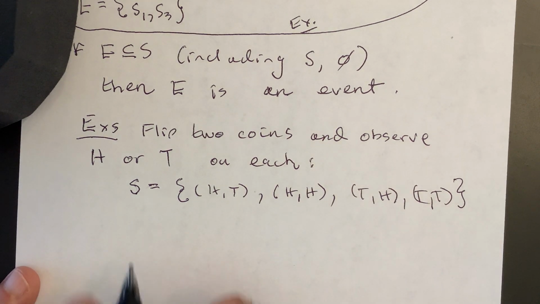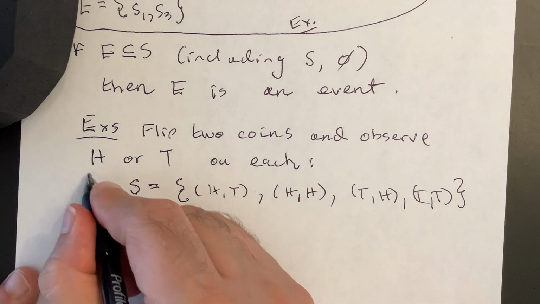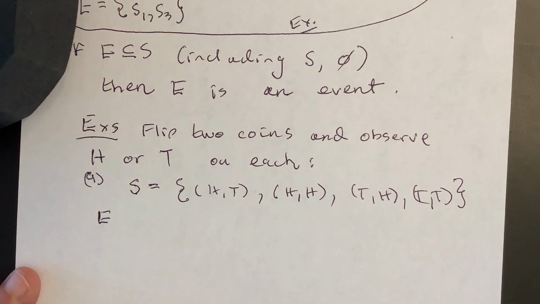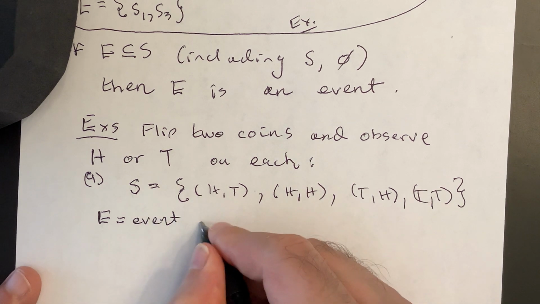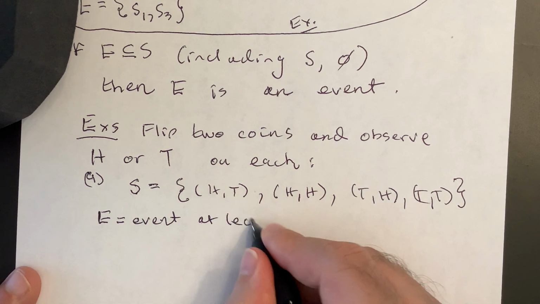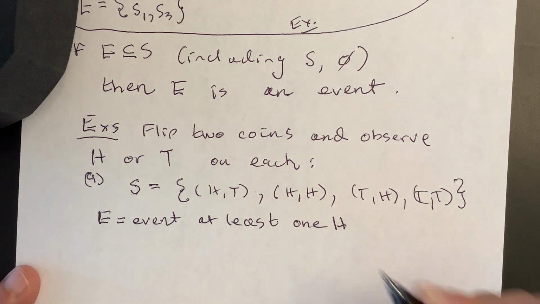And we could have E maybe. So let's call this A. Just an example. E is, say, the event at least 1 head. Okay, so that's a subset.